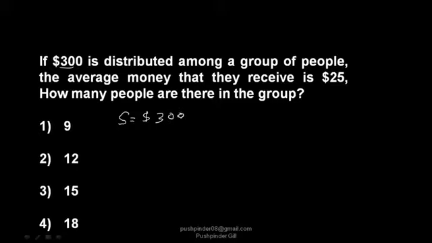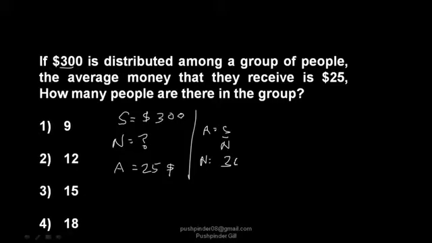We don't know the number of people, that's what we have to find out. But the average given to us is 25. Average is equal to sum by number, so the number of items is going to be sum divided by average. That would give you your answer.